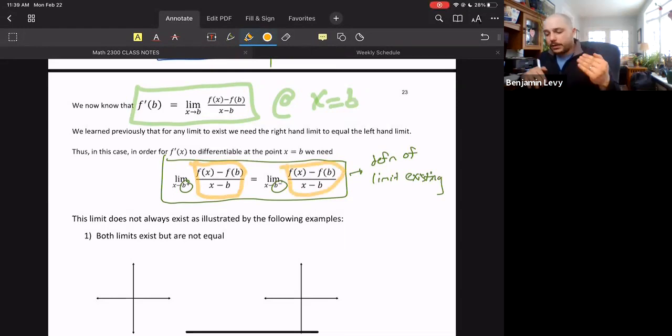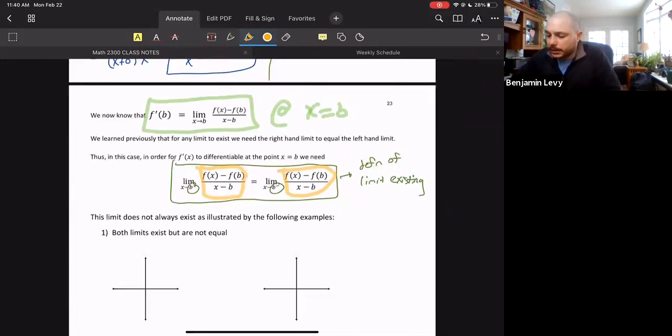So we need the left-hand and the right-hand limit with that fraction to exist. I'm just going to draw a couple pictures and talk about when that does not happen. And I'll just remind you that this formula is like the average rate of change formula, right? So it's helpful to think about the average rate of change in these pictures.